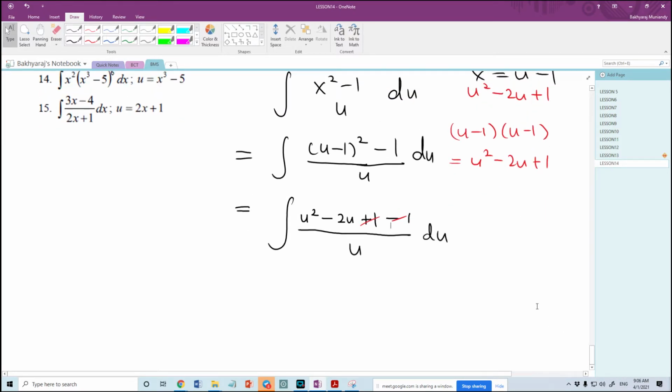If we have fraction like this, you just split the fraction. u square over u minus 2u over u du. Just split the fraction, easy to go. That's why the u, always we go for the denominator. If you notice all my question, all the denominator I substitute as u. Nanti kejap lagi saya bagi tahu you apa saya maksudkan tadi.